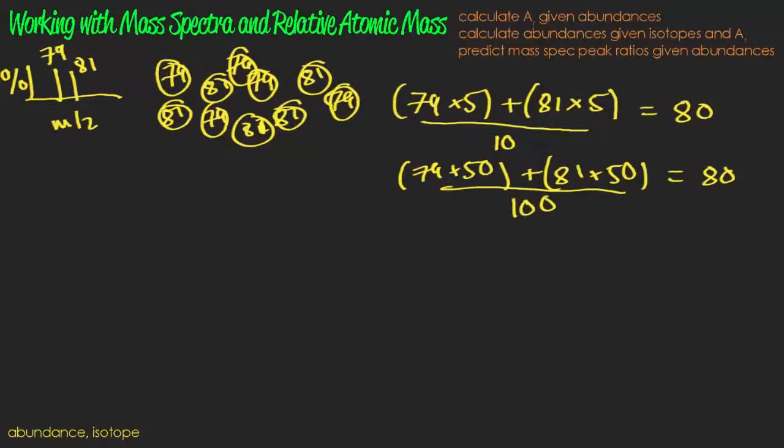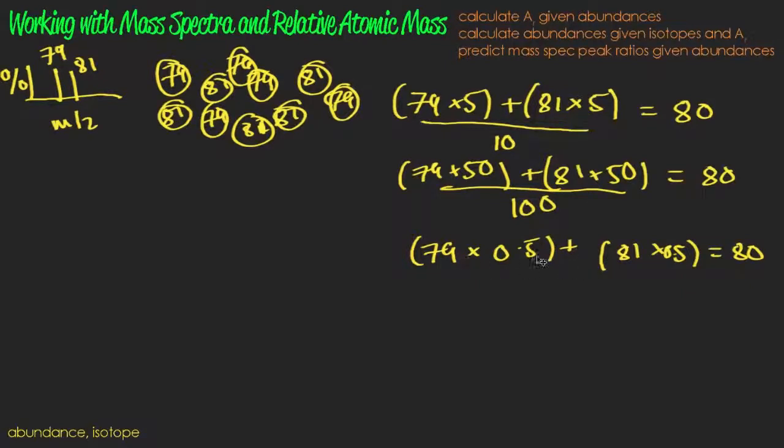In this case, the total is 100. But we can do this even simpler by converting those percentages into decimals. The decimal equivalent of 50% is 0.5, so 79 times 0.5 plus 81 times 0.5 again, and that's still going to be 80.